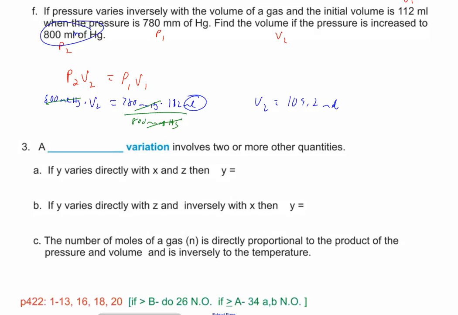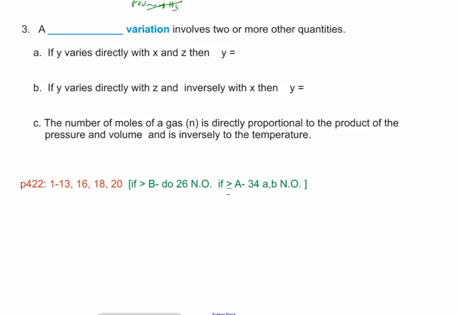Number three. You can have a joint variation. So you can have more than one variation going on at one time. A couple examples. If y varies directly with x and z, so it's going to vary directly with both.